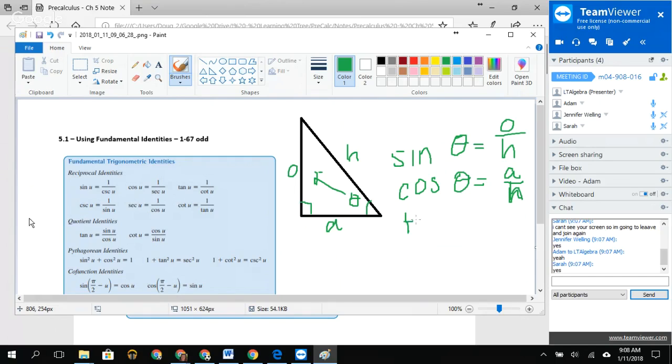And then we have the tangent of theta, which represents the opposite over the adjacent side. So that's our way-back definitions of what sine, cosine, and tangent are. SOHCAHTOA is the way I remember it, the way that I was taught it. You might have a different way that you like to remember that.